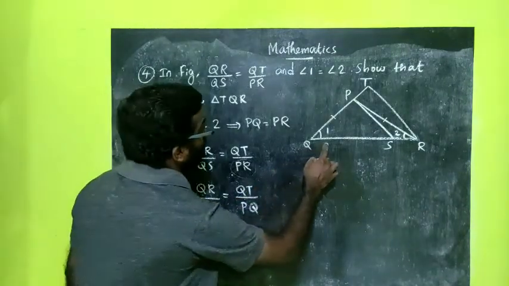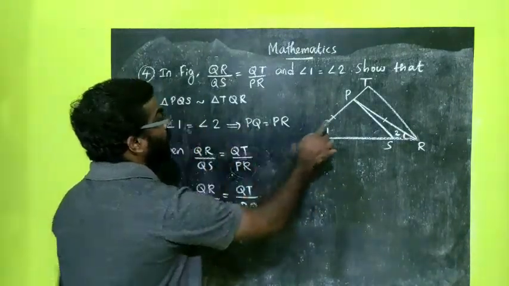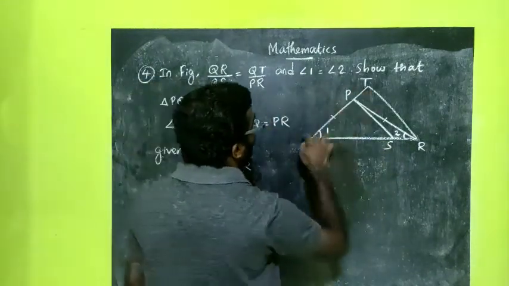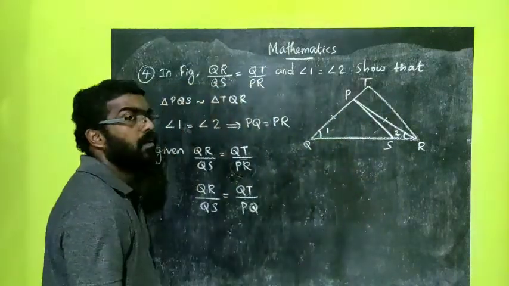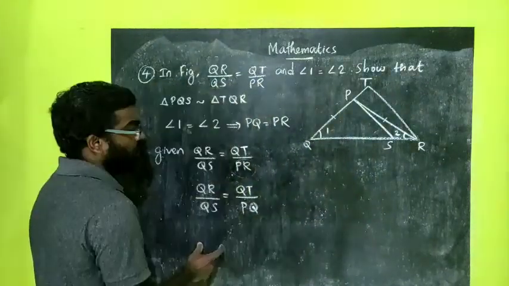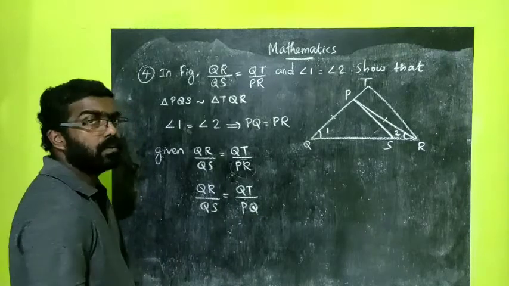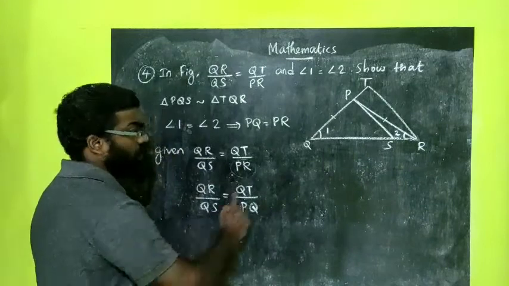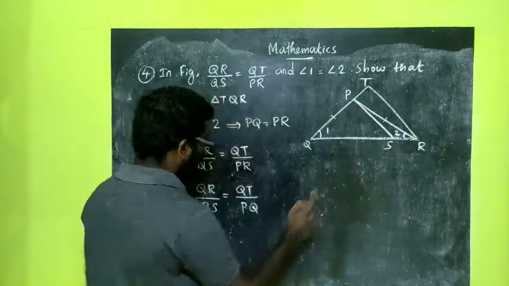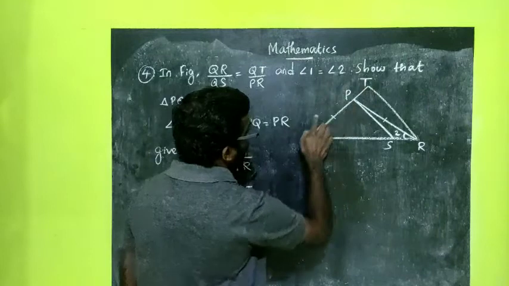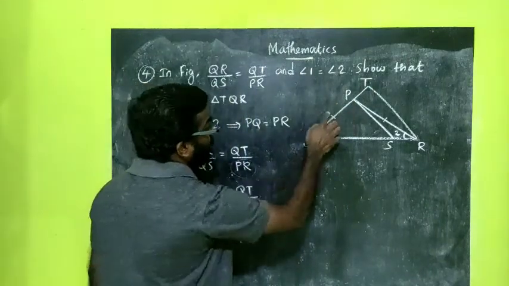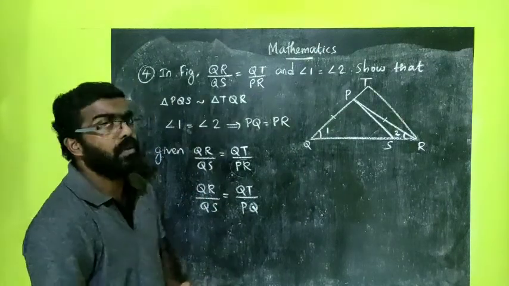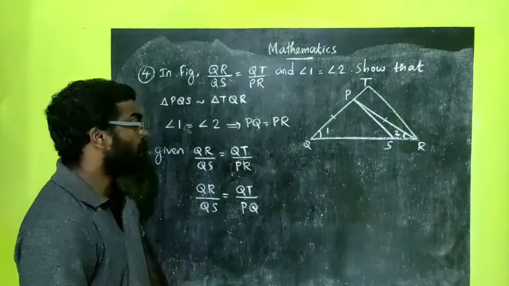And here, if we look at these two triangles, PQS and TQR, the whole large triangle, in these two triangles two sides are in the same ratio. QR is the side of the large triangle by QS is the side of the small triangle, and QT is the side of the large triangle by PQ is the side of the small triangle. That means two sides of the triangles are in the same ratio.